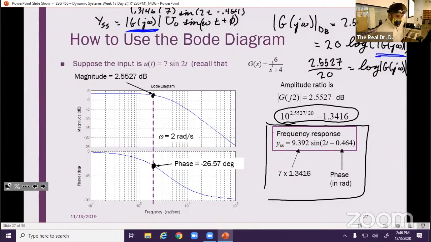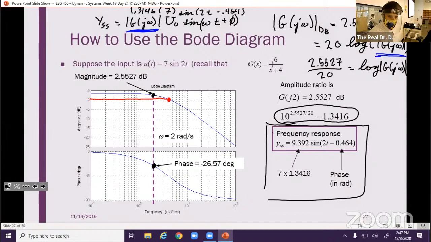The other thing that you should be comfortable with in Bode plots is when you look at this first part here, from here until we cross 0, it is all amplification of my sine wave.